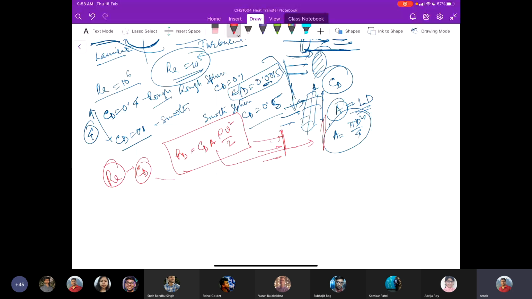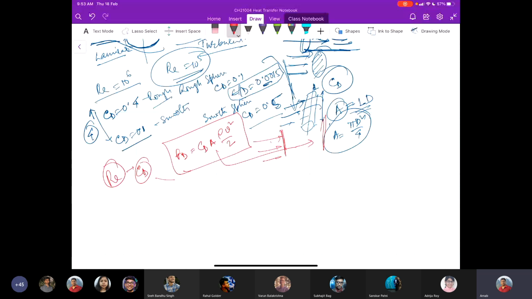Like we have seen in the earlier cases, there are several relations available to estimate the Nusselt number. The point is that this understanding of the flow pattern actually influences the heat transfer that is happening.